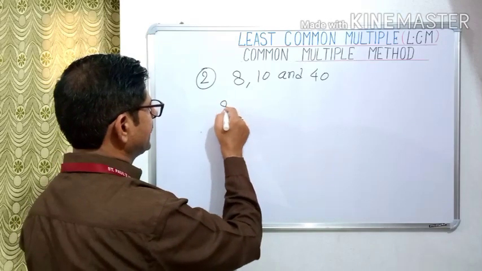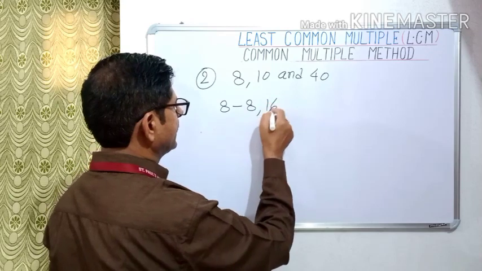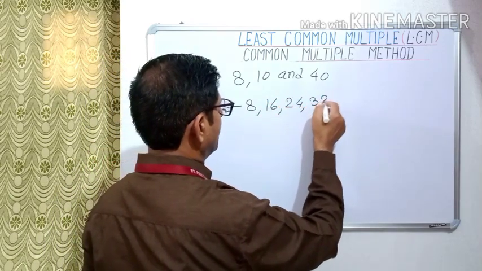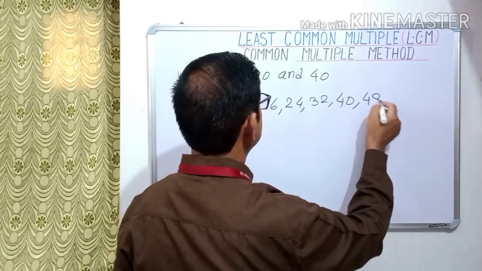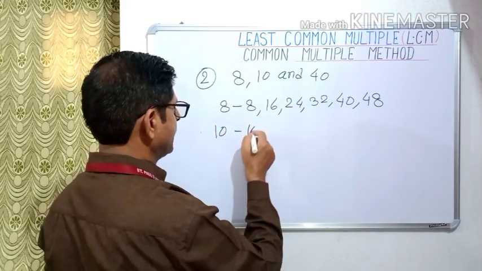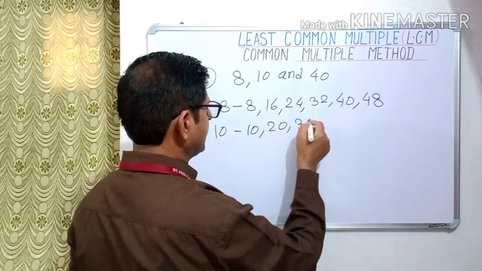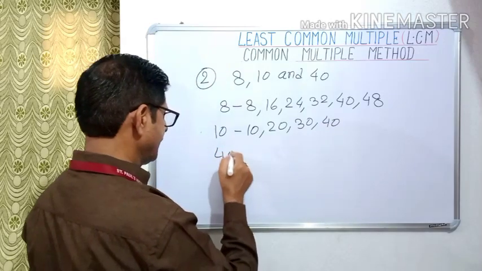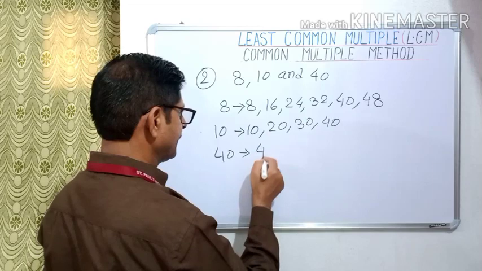Write the multiples of the given numbers. 8 1s are 8, 8 2s are 16, 8 3s are 24, 8 4s are 32, 8 5s are 40, 8 6s are 48, and so on. 10, 10 1s are 10, 10 2s are 20, 10 3s are 30, and 10 4s are 40, and 40's first multiple is 40 itself.